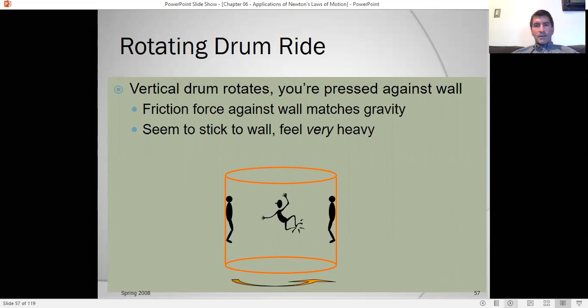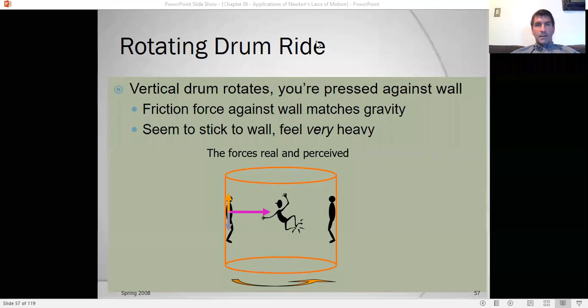Now, basically, the way that this works is that some of the forces are real, and we can analyze them in terms of weight and normal force and friction. And some of the forces are fictitious, which means we feel like those forces are there, but they're not. So here we go.